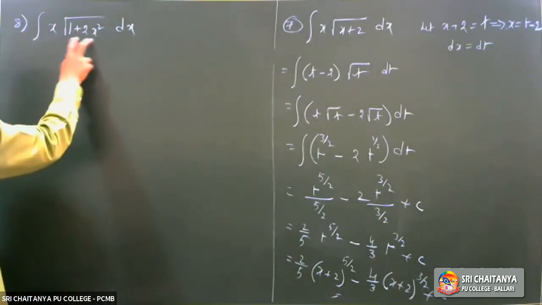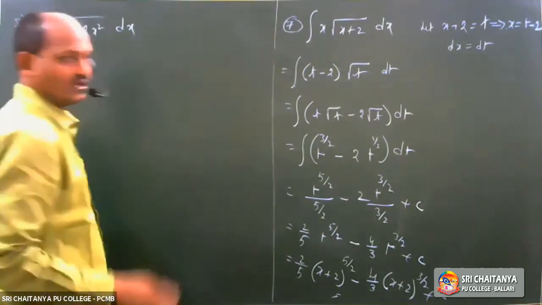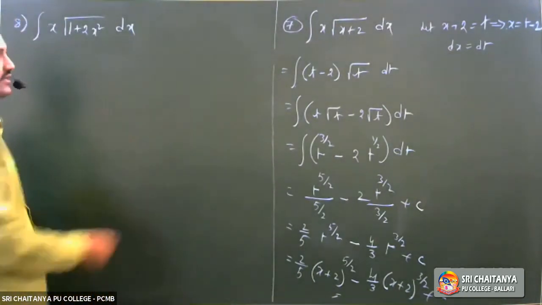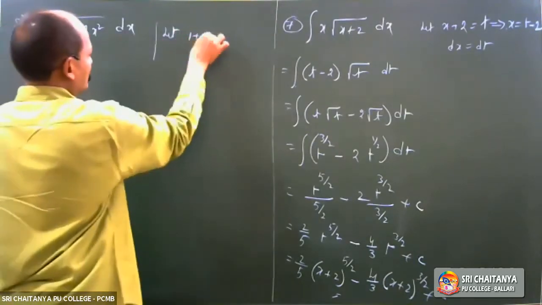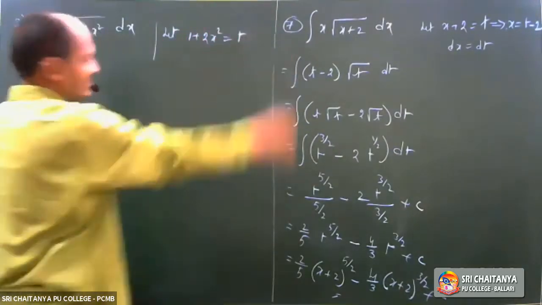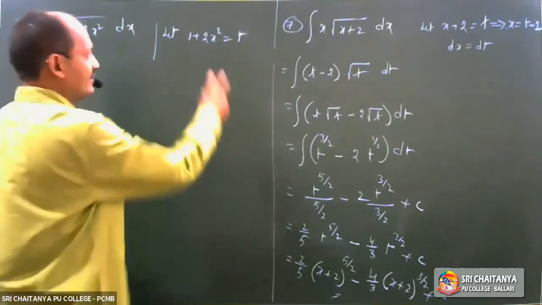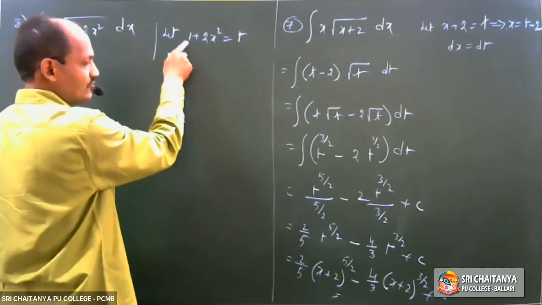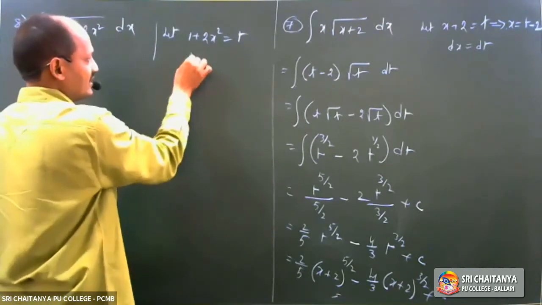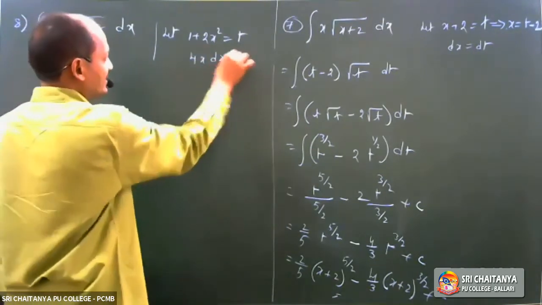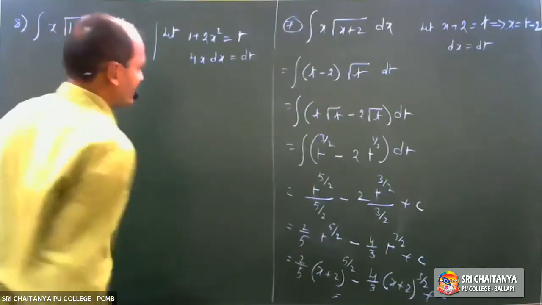This 1 plus 2x square, we have to consider as t. Let 1 plus 2x square is equal to t. Then the derivative of this function: derivative of 1 is 0, derivative of 2x square is 4x, so 4x dx is equal to dt.